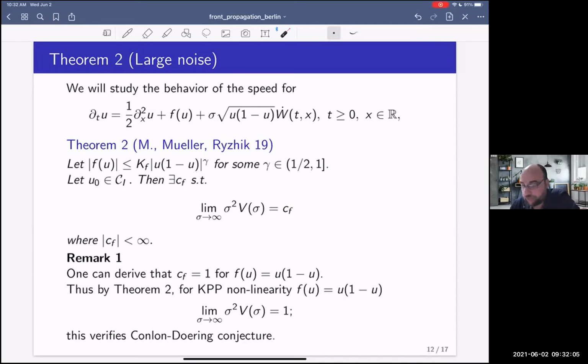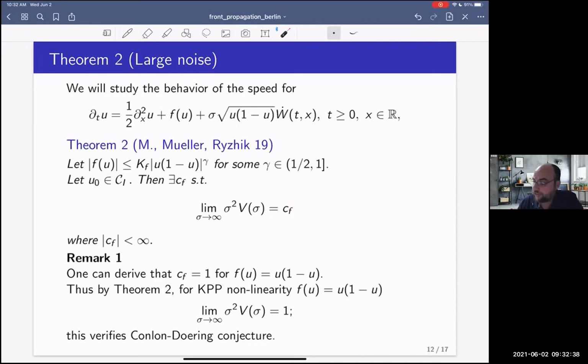So what we get here: you see this function maybe looks like u to the gamma, where gamma is maybe less than 1. So it's a non-Lipschitz function near 0. And the noise has a dramatic effect on all this: the speed is finite, and moreover, it behaves like a constant over sigma squared when sigma goes to infinity.